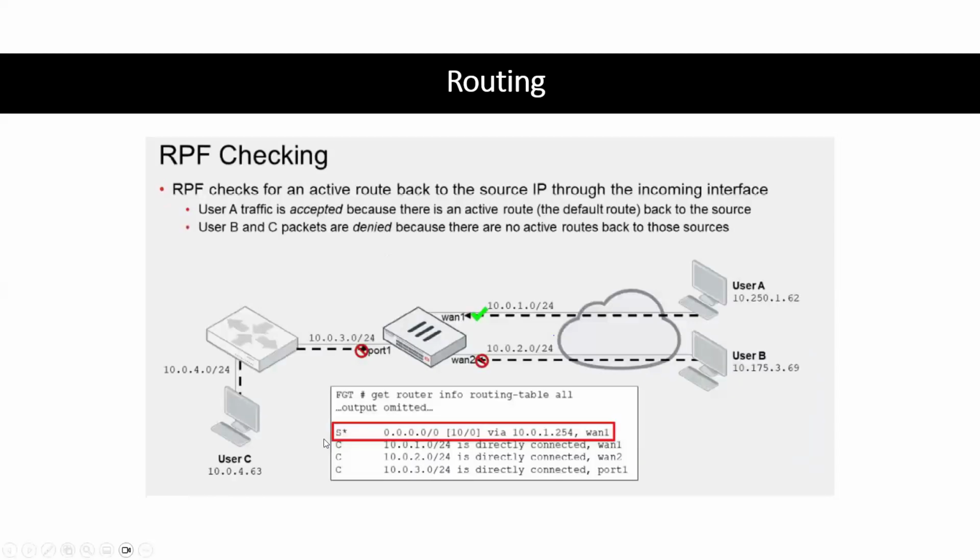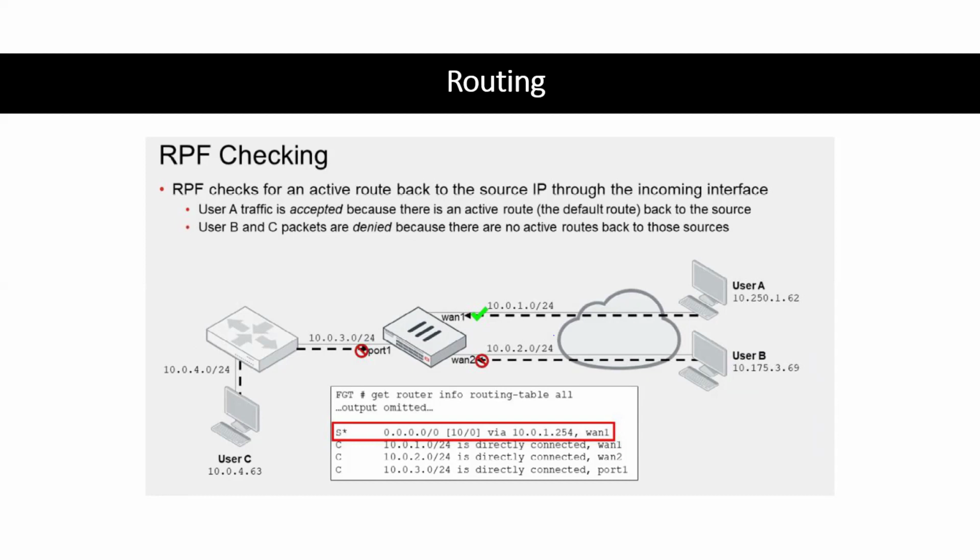Okay, so let's go ahead and look at this diagram, right? So we're looking at this network, right? We have the FortiGate in the middle. We have user A, we have user B, right? User A, 10.0.1.0/24. User B, 10.0.2.0/24, right? As far as the WAN connection from the FortiGate, right? And of course, we have our user C, who's hanging off port 1, 10.0.3.0/24, right? So we got a cloud in the middle of user A and user B, right?